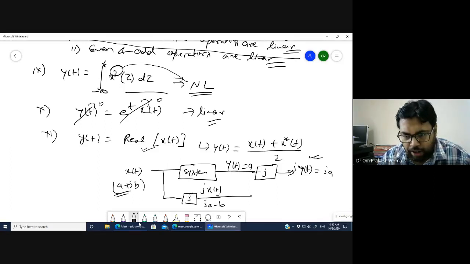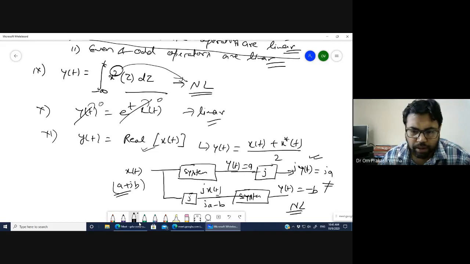Then you send the same signal to the system. The system will take the real part of the value, that is minus b, and both are not equal. So you can say that this is non-linear. Any doubt?